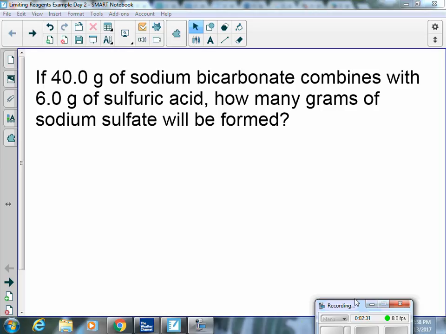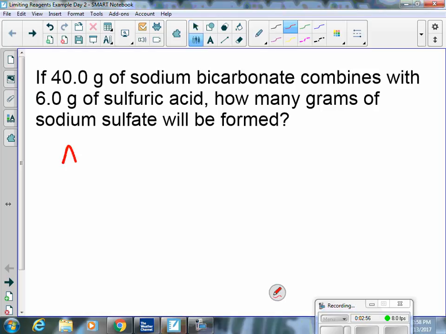I don't think our chances of them being exactly the right proportions are going to be there. But the first thing we need to do to figure out our limiting reactant is we have to have a balanced chemical equation. Now, I can tell that sodium sulfate's going to be formed, but I need to go through and get my balanced chemical equation.